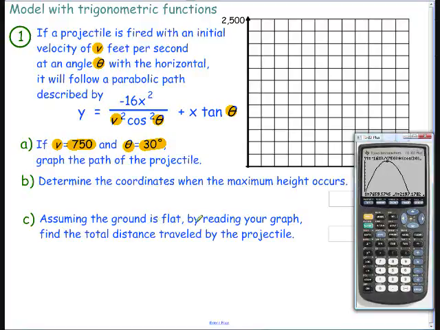Assuming the ground is flat, by reading your graph, find the total distance traveled by the projectile. Okay, for that, I'm going to keep my trace alive here. And you notice that x is getting larger and larger. Actually, we expect it to be twice what it was at the max, because what do we know about parabolas? Yes, they're symmetrical.